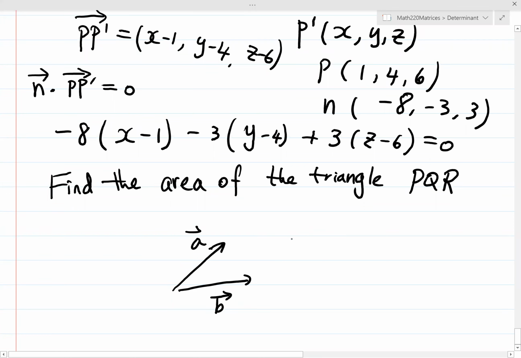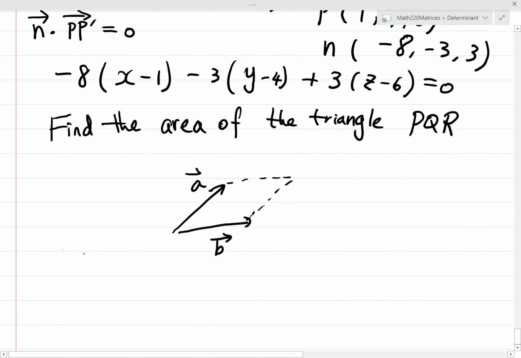So the area of the parallelogram is the norm of A cross B. Here we have PQ and PR, so you can find the area of the parallelogram determined by them, then divide by 2 to get the area of the triangle.